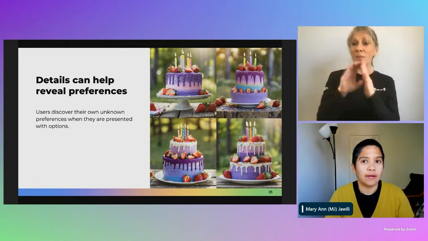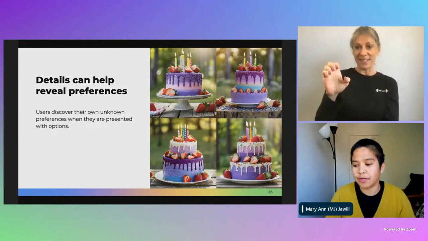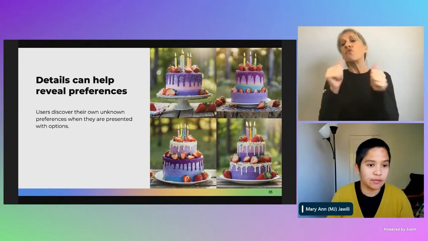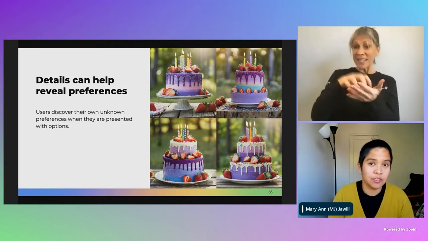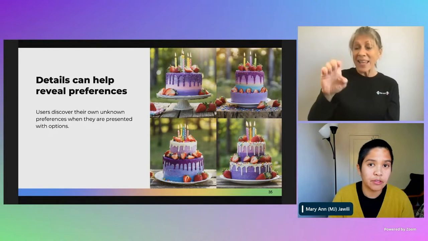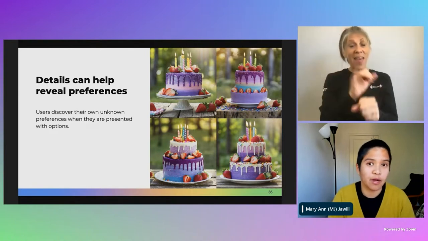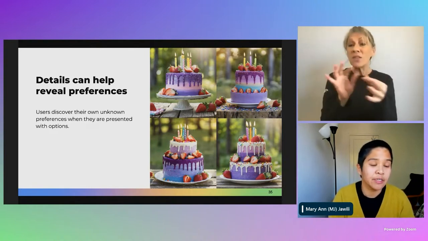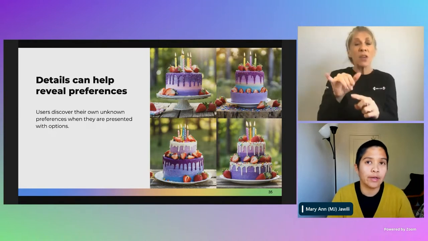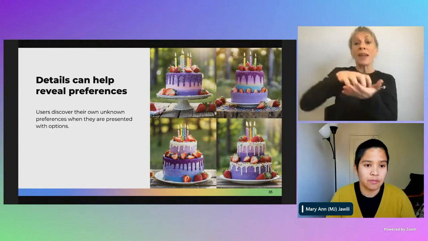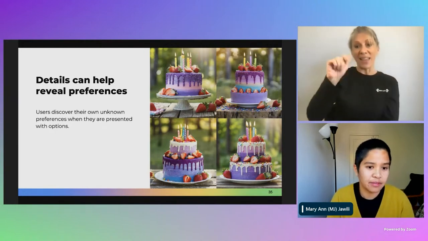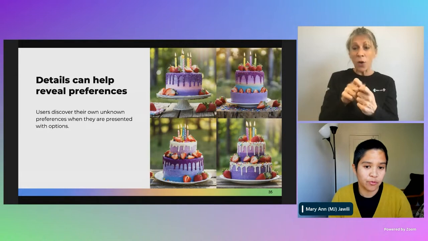And while trying out some ideas, when I mentioned to Susheta that, hey, this cake has glaze on it, she was actually interested in it. Even though that wasn't something she mentioned in the prompt, she did not have that in mind. She only thought about glaze when I described that all the cakes had this glaze. So the detail of the glaze revealed her preference for it.